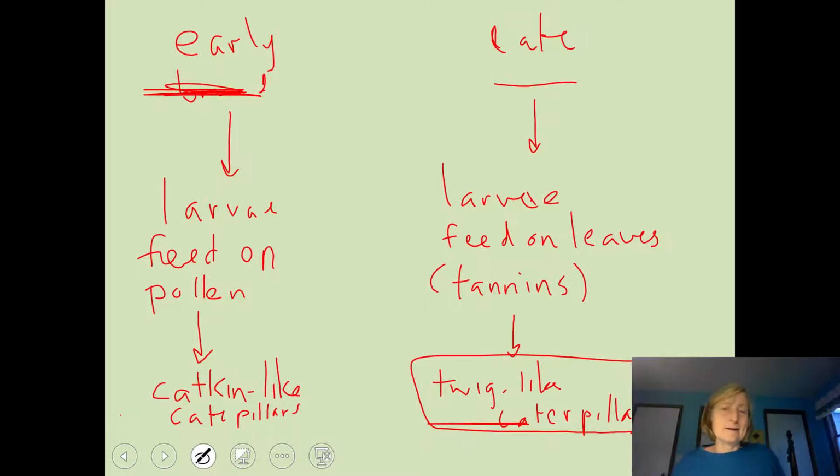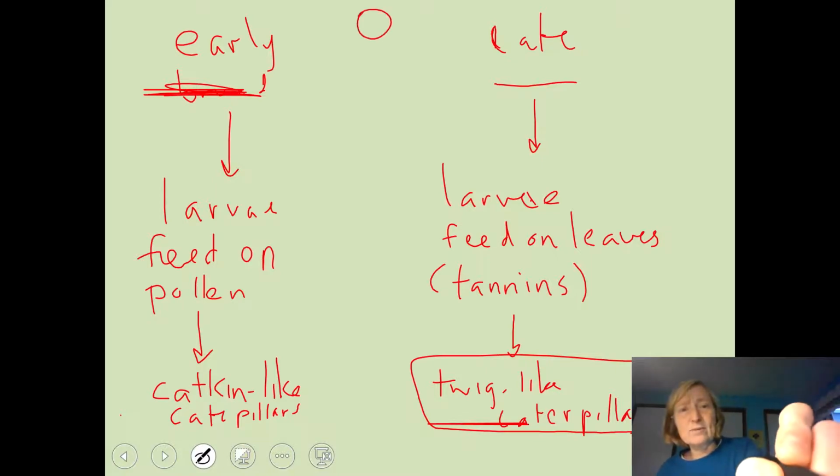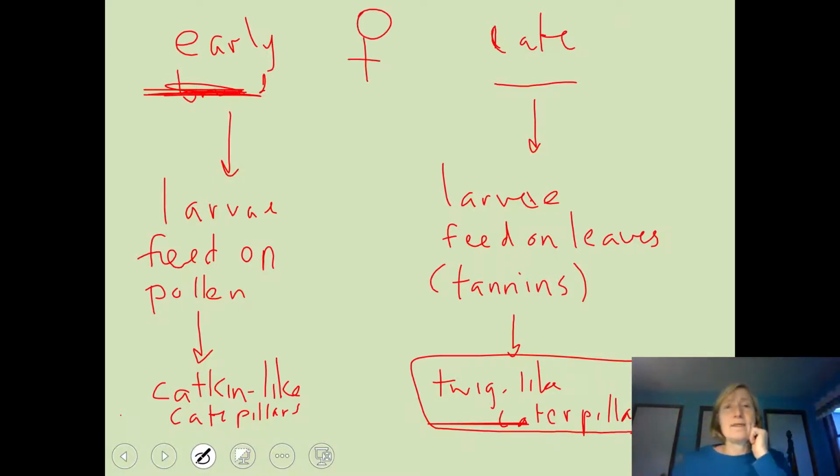So we've got very, very different offspring from the same female moth, right? That lays both of these broods. What's going on? These two broods have followed a very different phenotypic pathway.